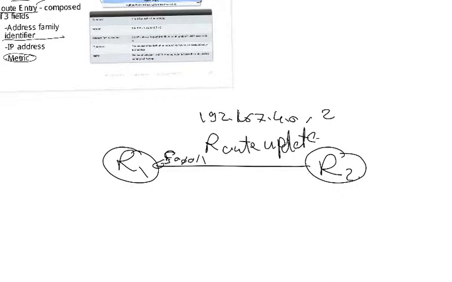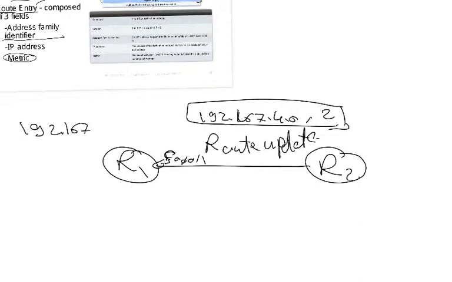Router 1, based on this route entry, will put in the routing table 192.168.4.0. The distance is 2, and via S001, which is the interface that it came from. Sorry, the distance here will be 3, of course, because I have to increment.